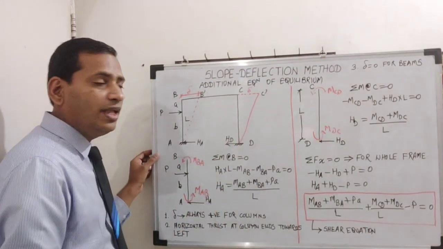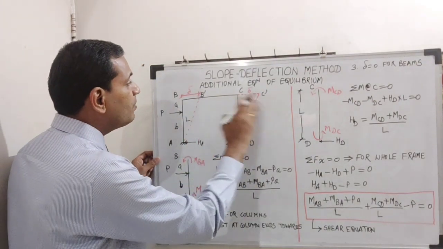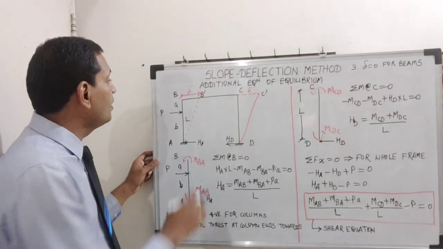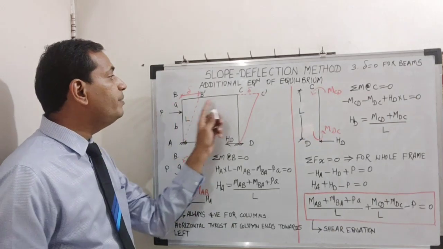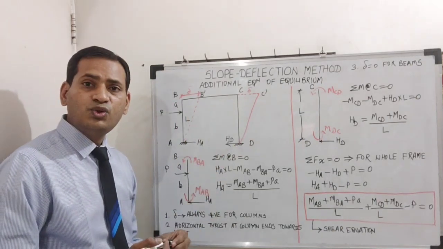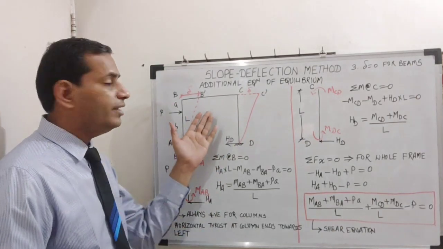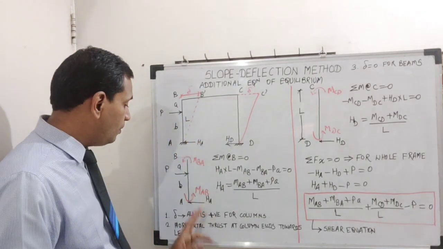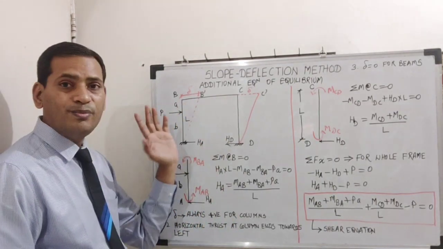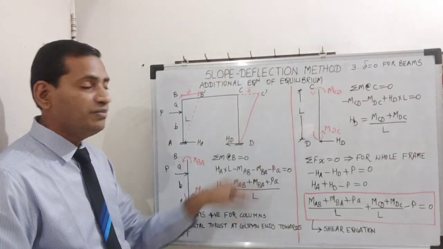So will there be any change in length of the beam after the sway? No. Length BC is going to remain the same as that of length B dash C dash. So there is no effect of delta here. So delta will be 0 for beam, but delta will always be positive for columns. Now these are the 3 assumptions.